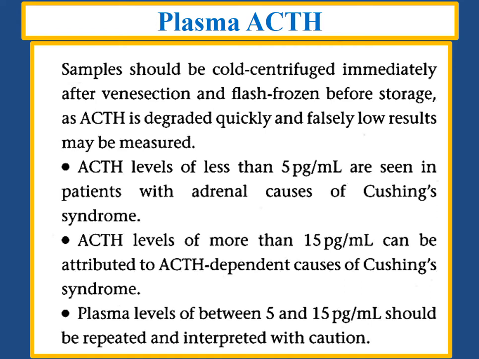ACTH levels of less than 5 picogram per milliliter are seen in patients with adrenal causes of Cushing syndrome. ACTH levels of more than 15 picogram per milliliter can be attributed to the ACTH-dependent causes of Cushing syndrome. Plasma levels between 5 and 15 picogram per milliliter should be repeated and interpreted with caution.